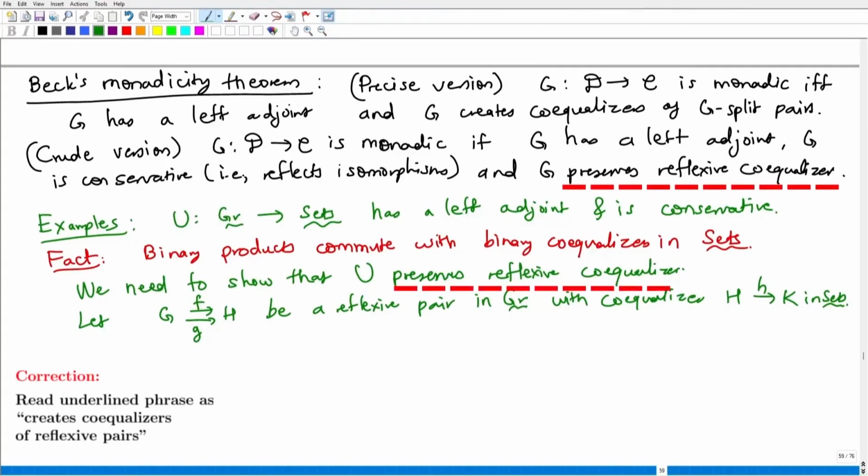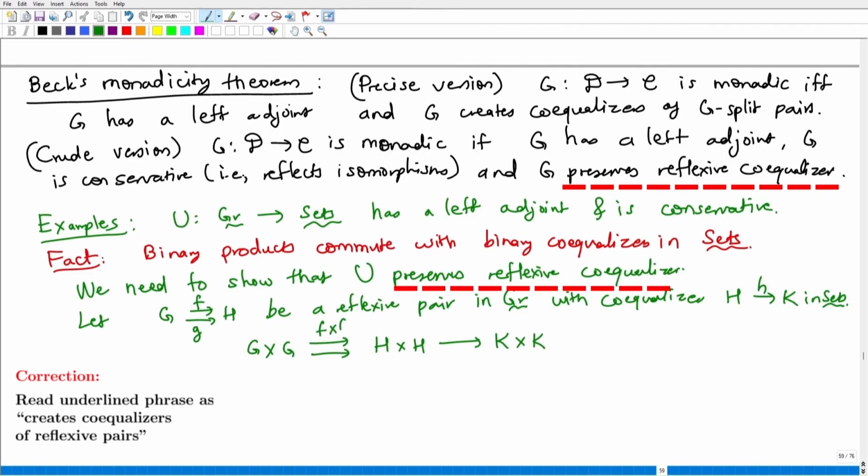I have another copy of the same coequalizer diagram and I can take the products in individual components, and by the fact it will still remain a coequalizer diagram. So now observe the diagram that I am creating: H cross H and then K cross K. What do I have here?